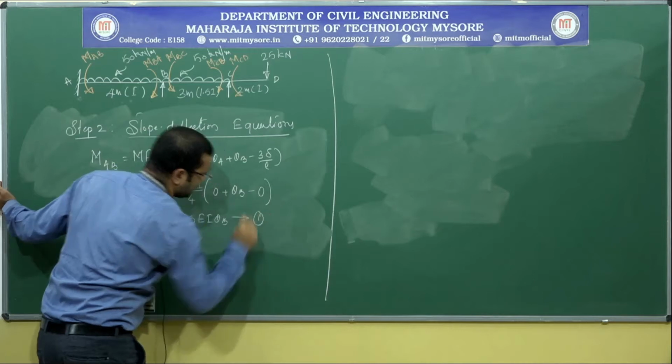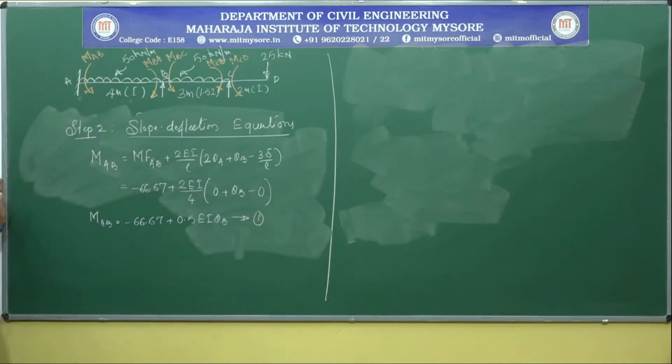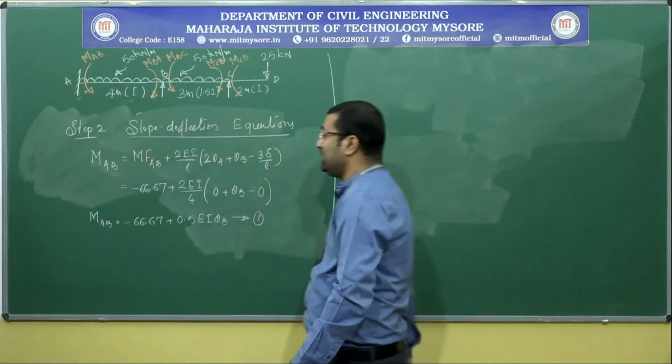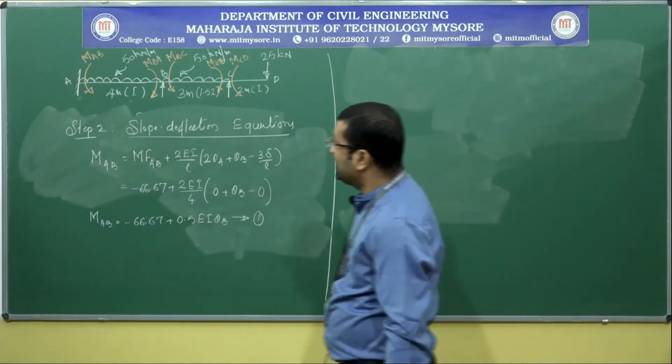So, this yields MAB is equals to minus 66.67 plus 0.5 EI theta B. Let me call this equation number 1. Similarly, we need to write one more equation to determine the MBA.